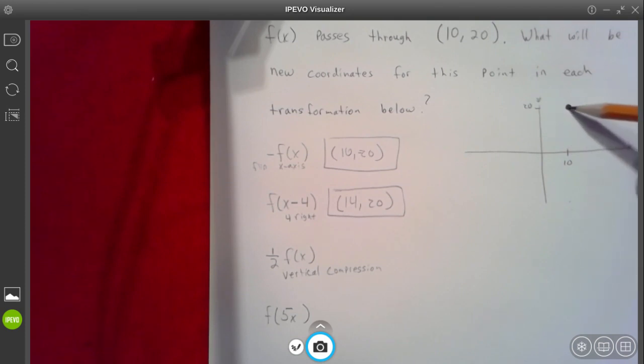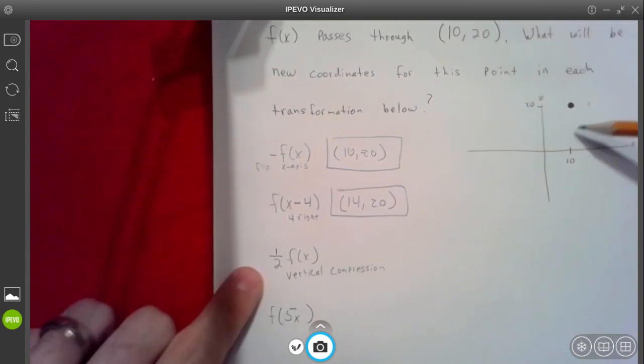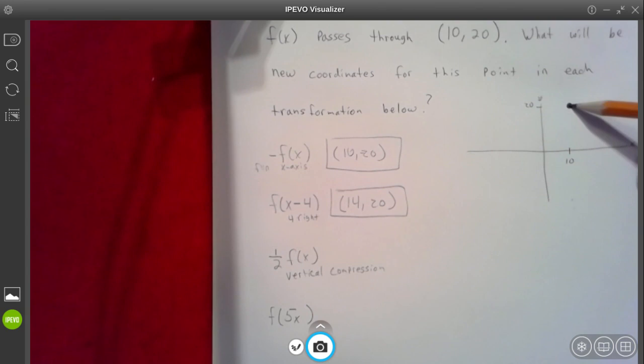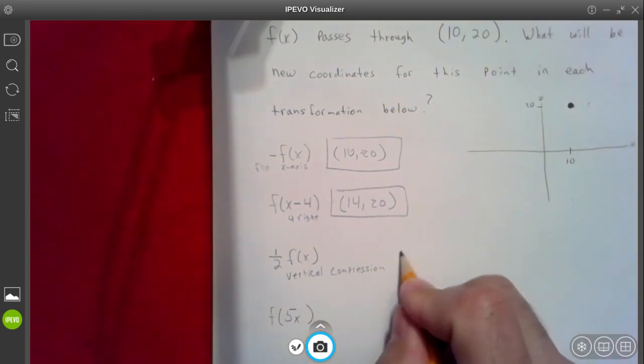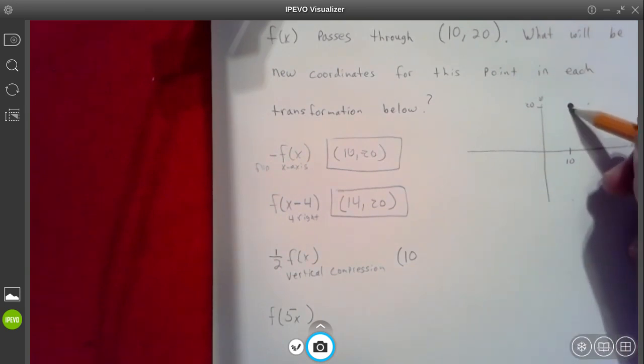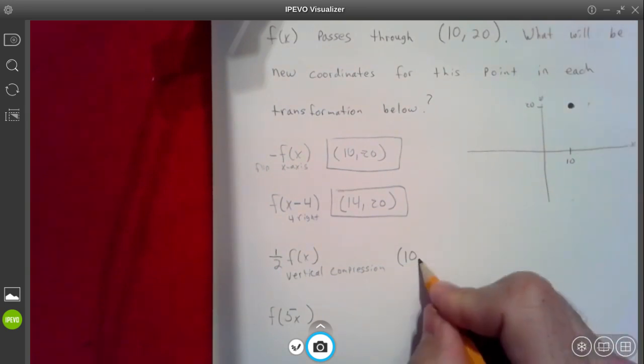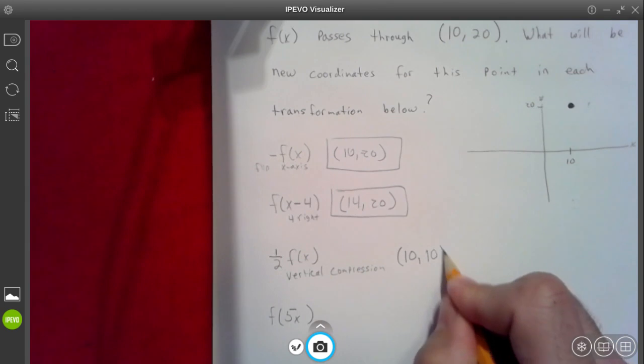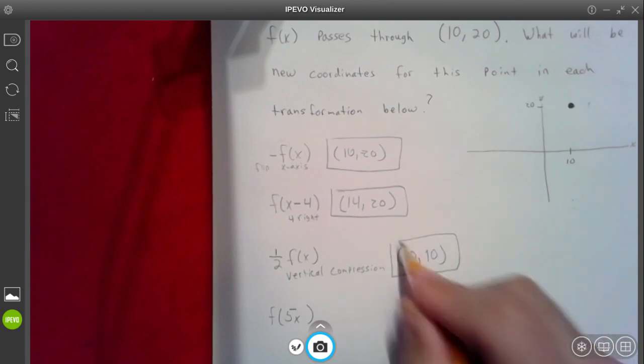All right, and so it's going to get sucked in by a factor of 1/2. So if it was 20 high, now it's going to be 10 high. So my x values are staying the same in this situation. Okay, my x is going to stay a 10, and my 20 is going to get changed to a 10. So 10 comma 10 would be the new location.